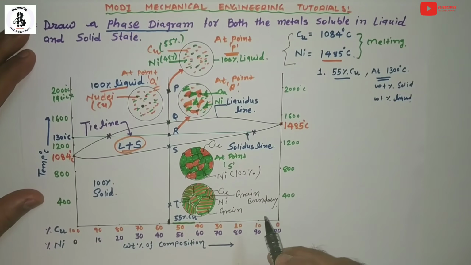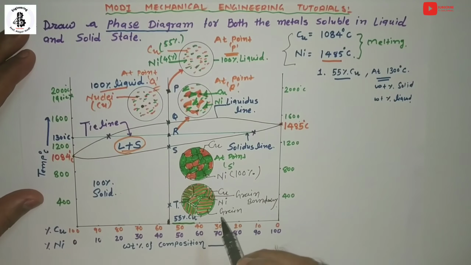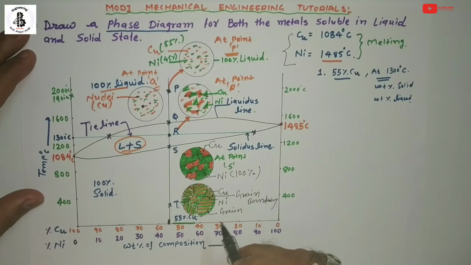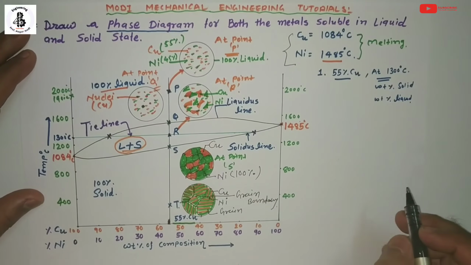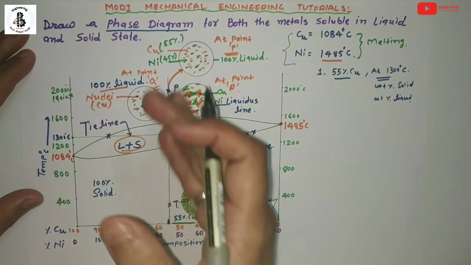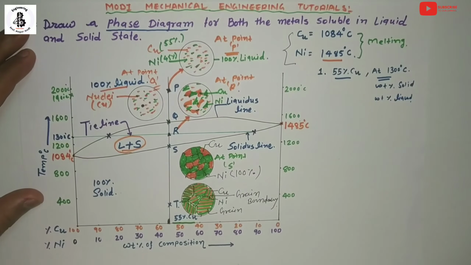Now I will explain how to find the weight percentage of the liquid and solid with the help of the lever arm rule. Then I will also discuss how to draw the cooling curve for different sets of conditions. So let's see.